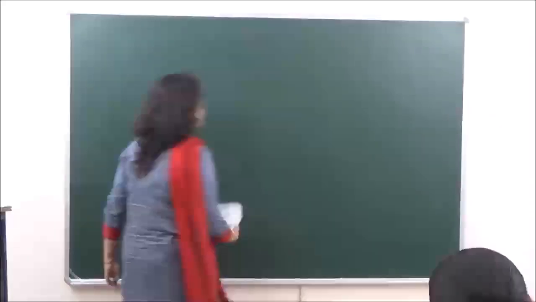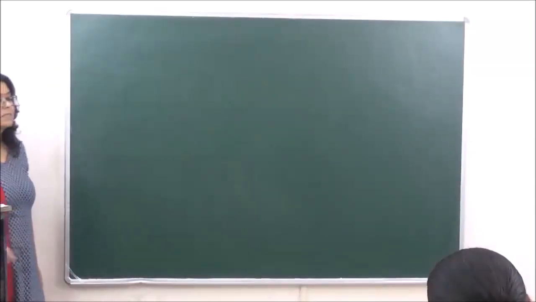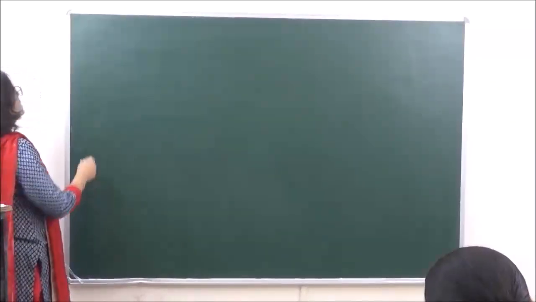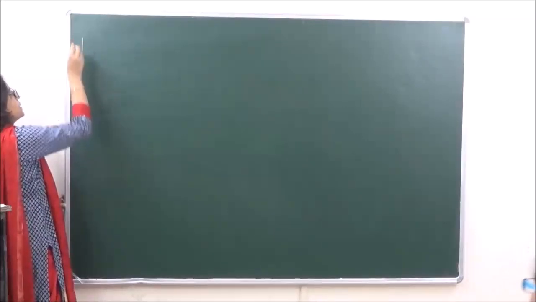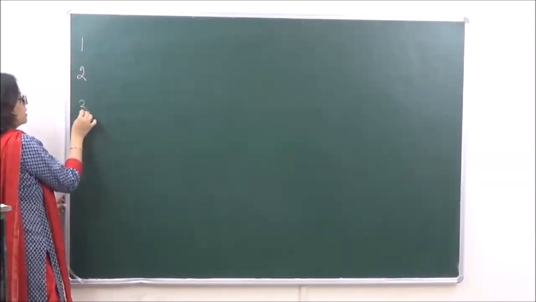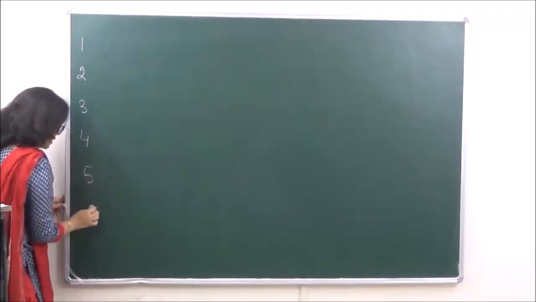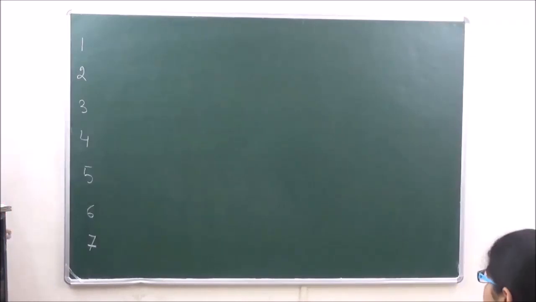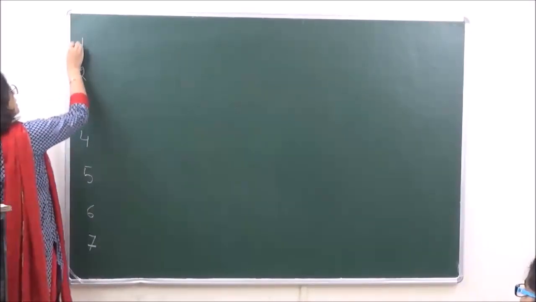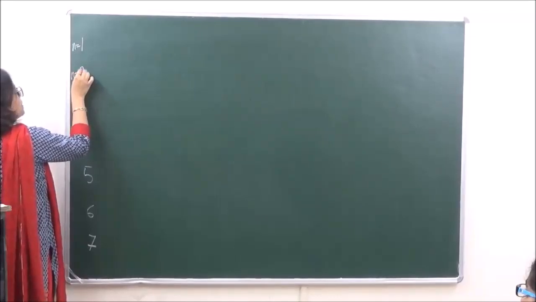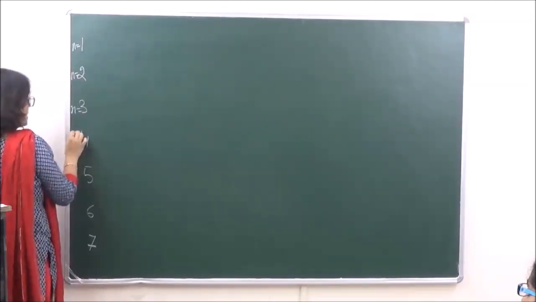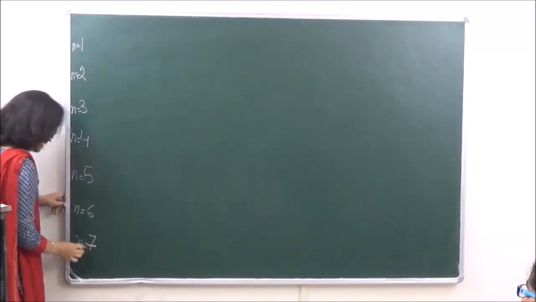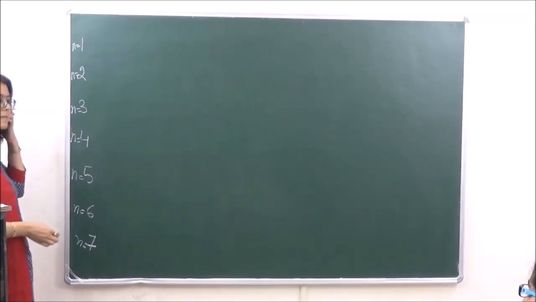The periodic table consists of 7 periods and 18 groups. Okay, so 7 periods means we have the first period, the second, third, fourth, fifth, sixth, and seventh. Now each period represents the principal quantum number. So over here, n is equal to 1, the first shell is filled up, then the second, third, fourth, fifth, up to n equal to 7.